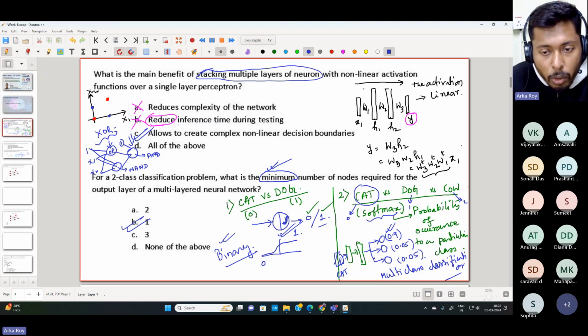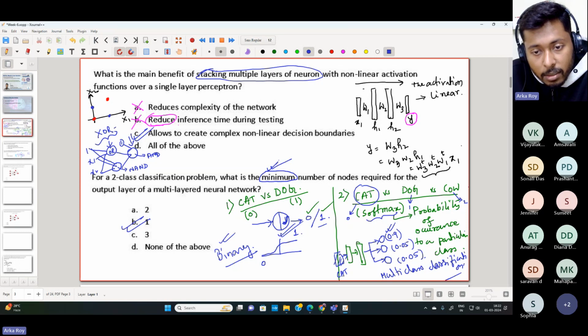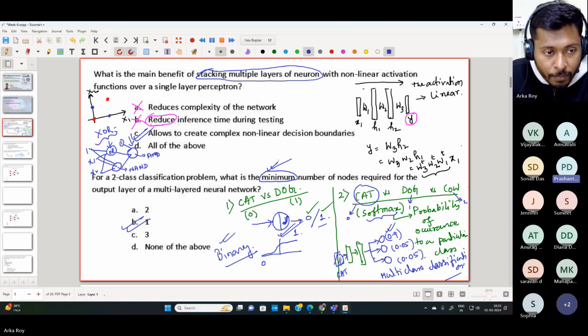If you use softmax, it gives probability values as output, so you need two neurons. However, if you use sigmoid, you just need one neuron. As the problem states the minimum number of neurons required, we consider sigmoid, which gives either 0 or 1, and hence we require only one neuron at the output. Okay, sir, got it. Thank you.